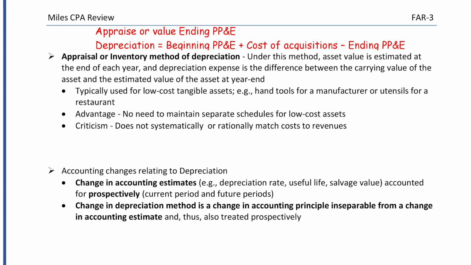Now this method is typically used for low-cost tangible assets. And make a note there: think of PP&E as inventory and depreciation as COGS. That's why this is called the inventory method of depreciation.